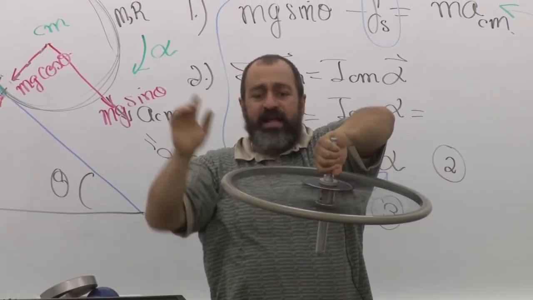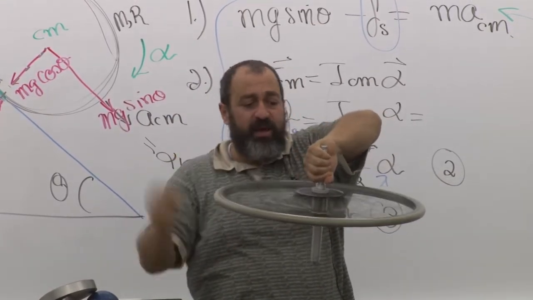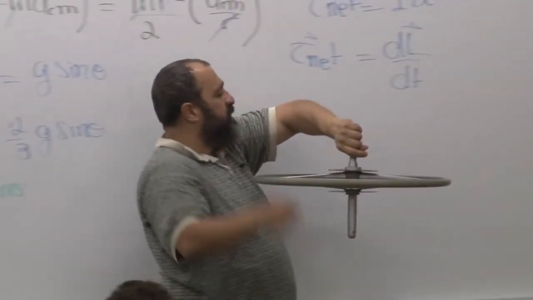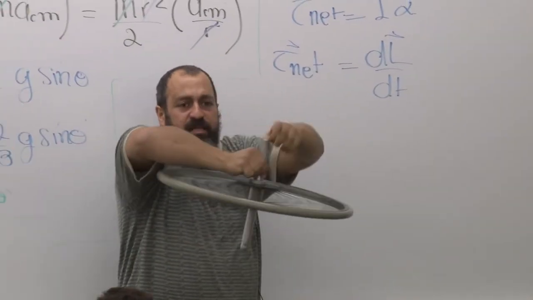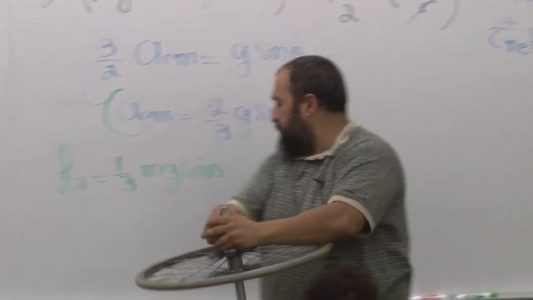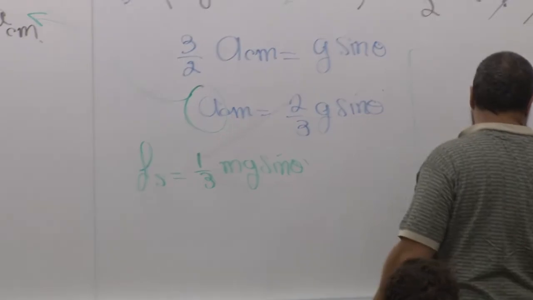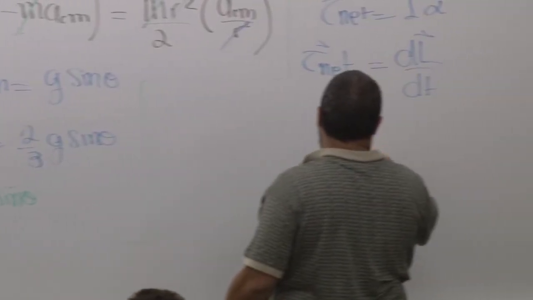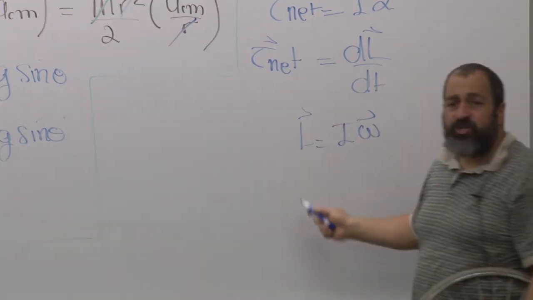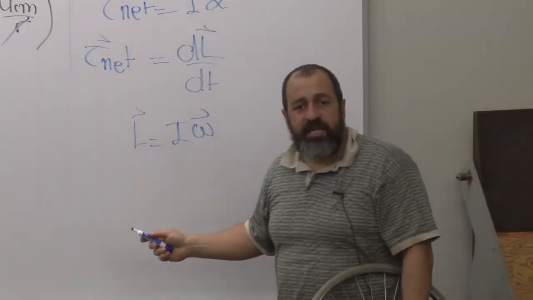If I want to change the speed of spinning, angular momentum is I omega, right? So what is angular momentum again? L is I omega vector. How do I change the angular momentum?